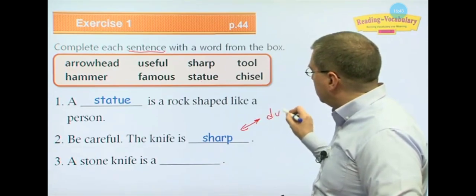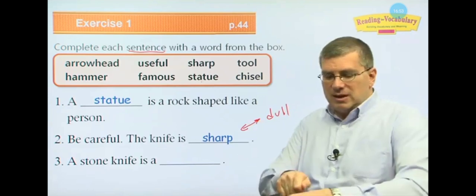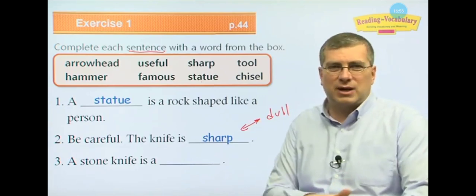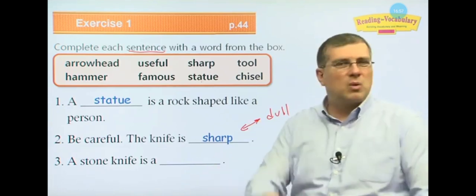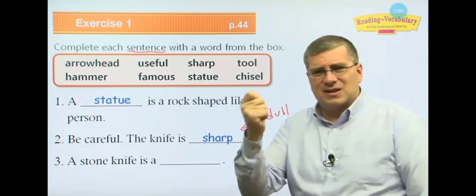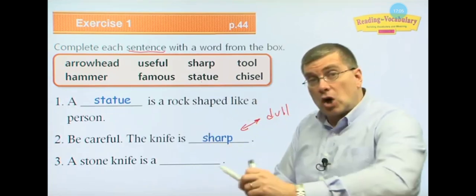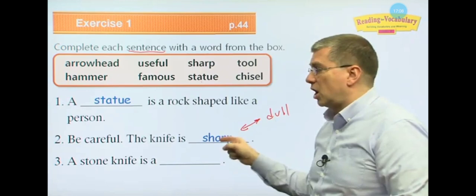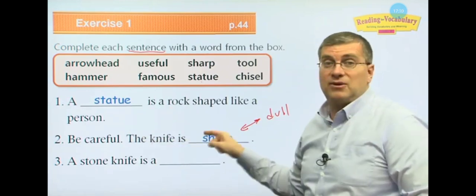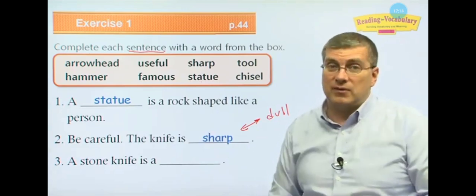A knife can be dull, meaning it doesn't cut tomato or meat. If the knife is dull, you need to sharpen it. You can sharpen a knife, make it sharp. Be careful, the knife is sharp. You can cut meat, but it can also cut the skin very easily.